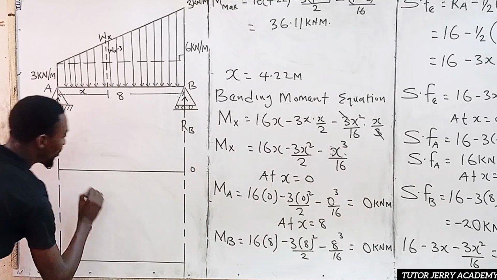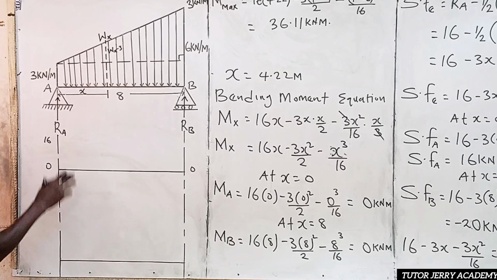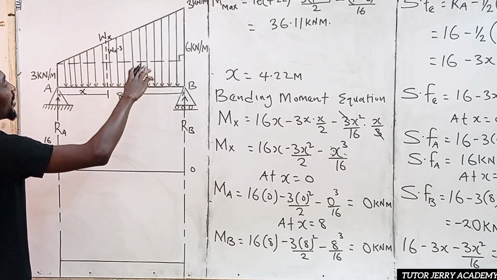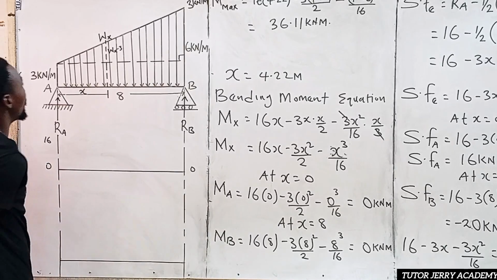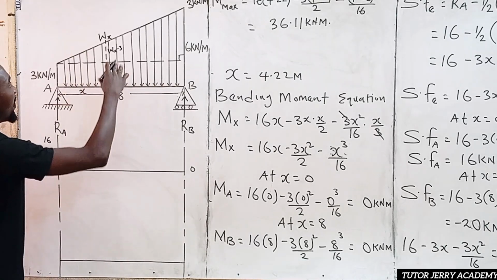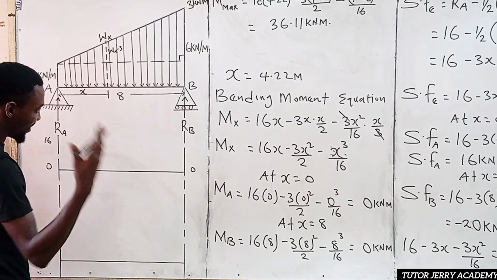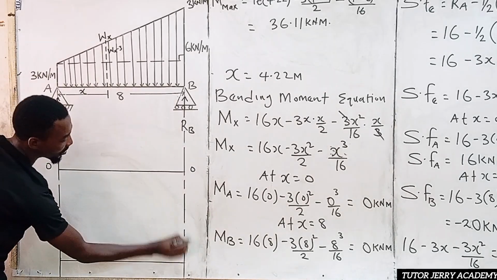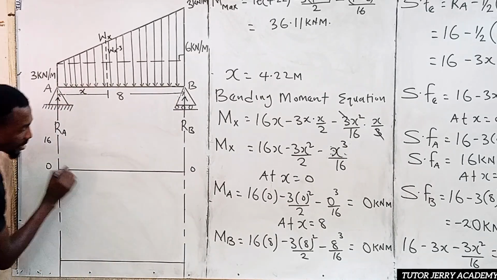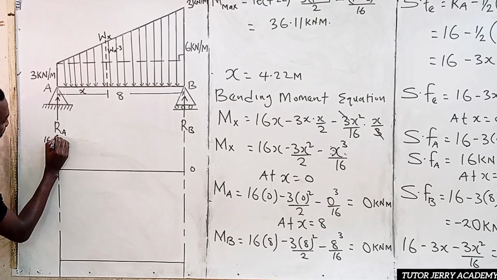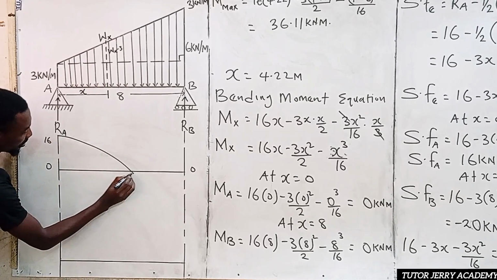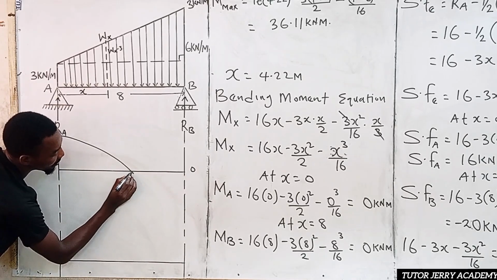All right. So we are going to draw, since we know that this is a uniformly distributed load and a uniformly varying load, that is a trapezoidal load. So everything we are going to have here is going to be a curve. Is that clear? So now it's going to be like this. Let's just try it out. It's like this.